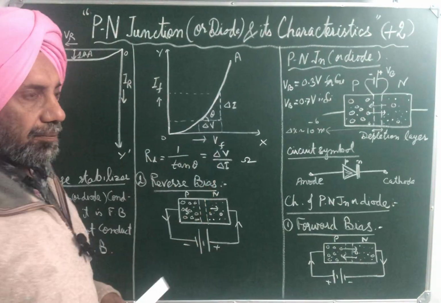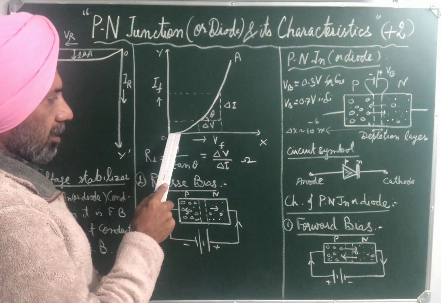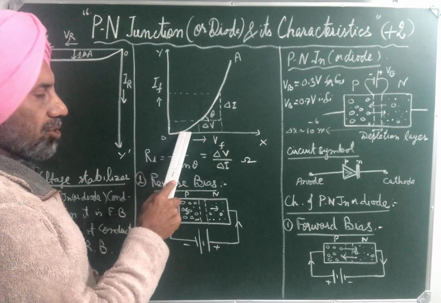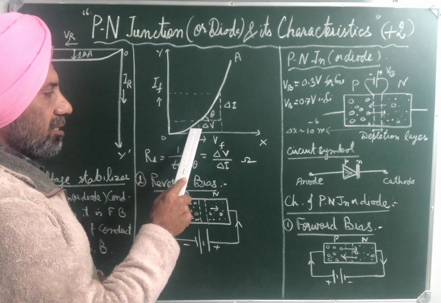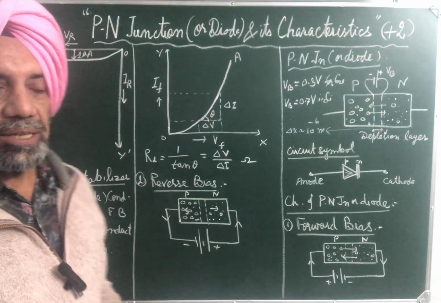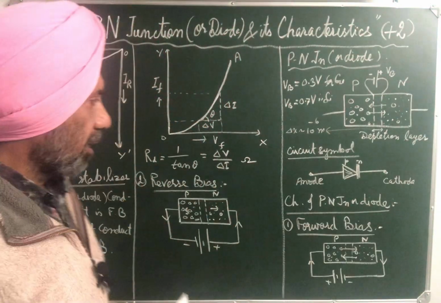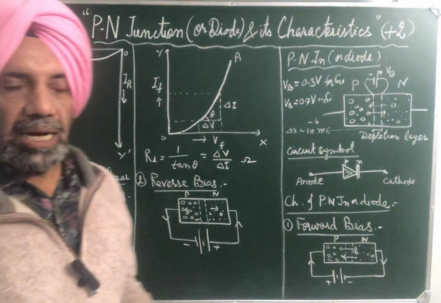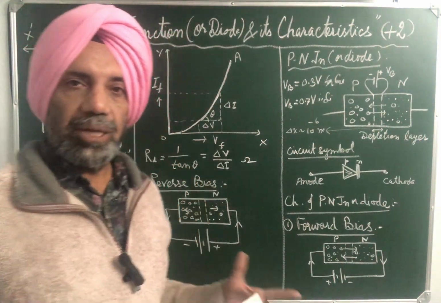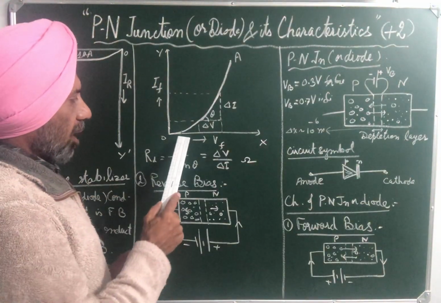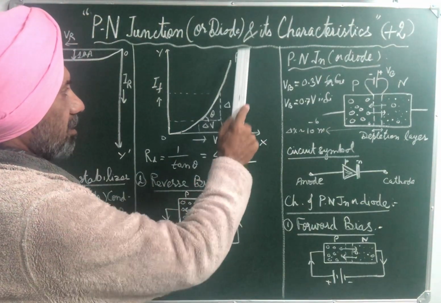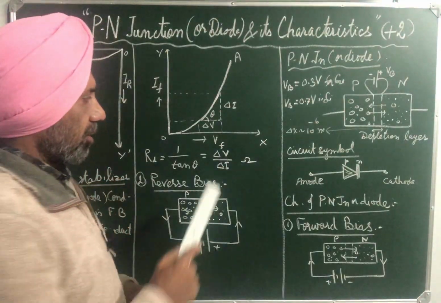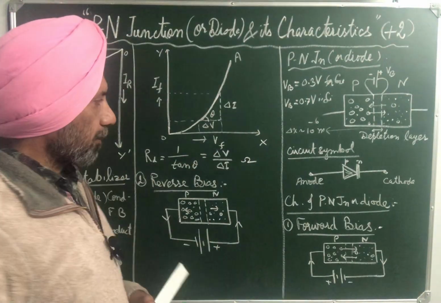From this graph, you see that initially the forward current is nearly zero, and then it increases with the increase of forward voltage. The point up to which the current is nearly zero is known as the potential barrier. After crossing the potential barrier, current rises rapidly with the increase of forward voltage.